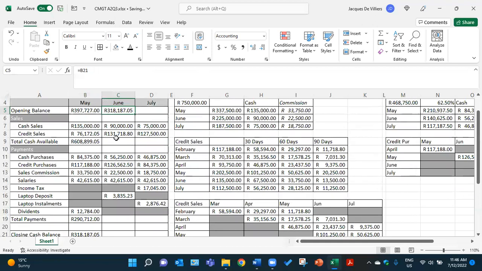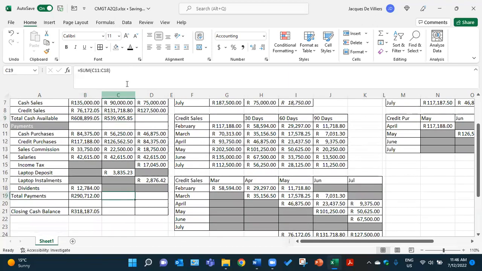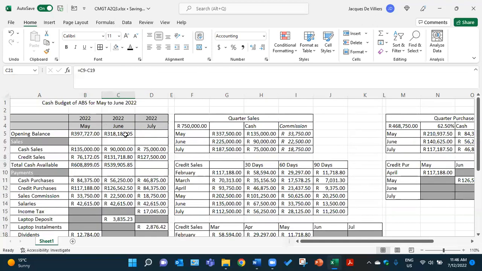Now I can add my cash available here because I have an opening balance. I can total my payments for the month, and if I subtract my payments from the total cash available, I get my closing balance for June.